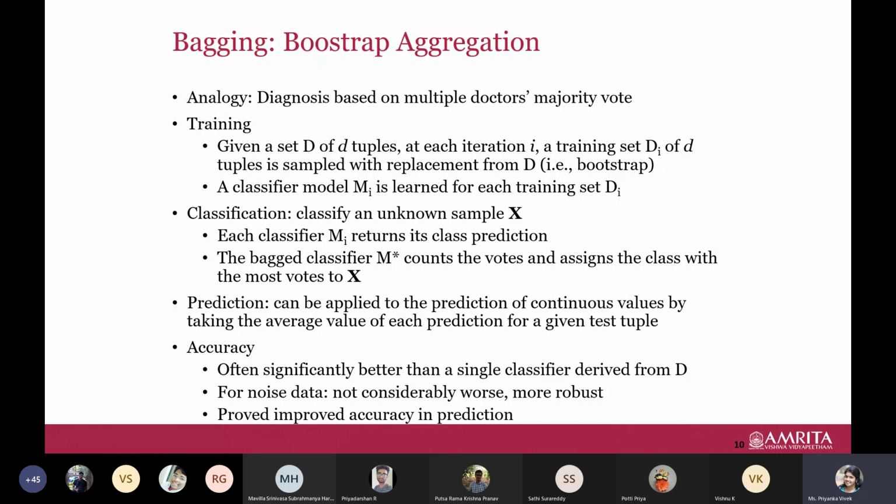So here it is majority voting, but for numeric prediction you take the average. Of course, taking multiple models and then an average or a majority would be better in prediction than a single model. So that is our bagging.